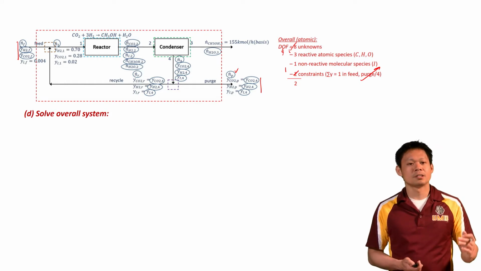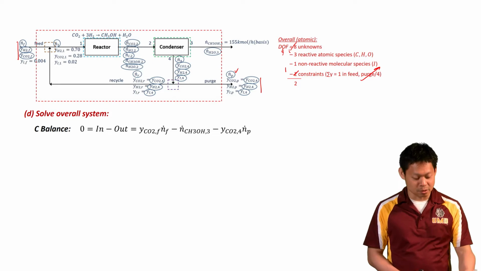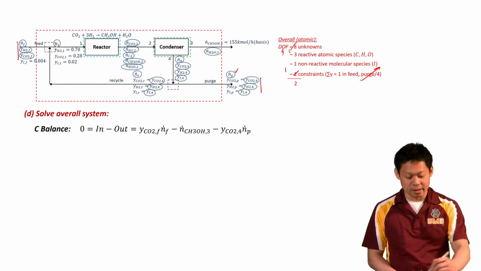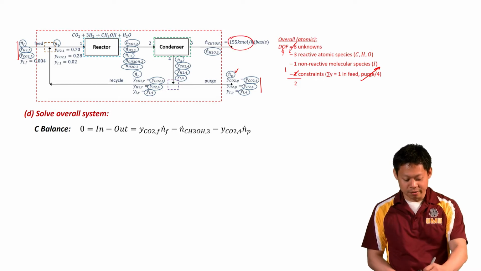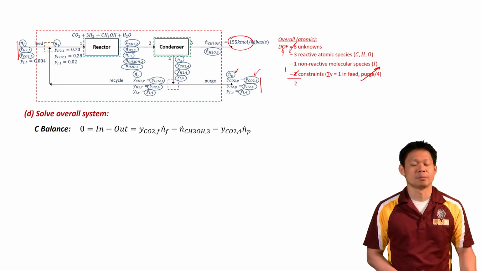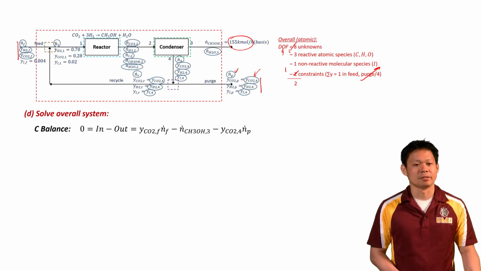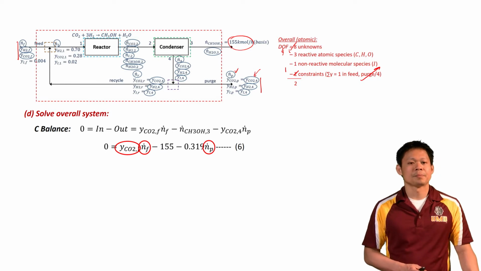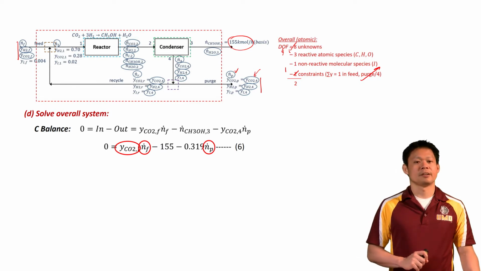So if we solve the overall system here, and I write the carbon balance, so carbon coming in, we have carbon coming in CO2, we have carbon coming out in our product right here, and we have carbon coming out in our CO2 in the purge as well. So we have 3 different streams that have carbons going in and out of them. And we put in the numbers that we know, and we have 3 different unknowns in there.